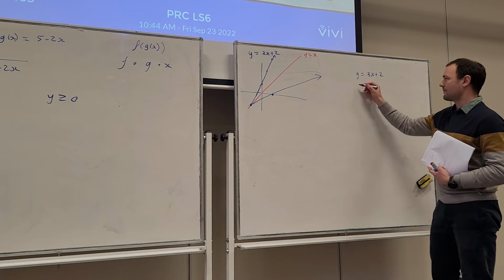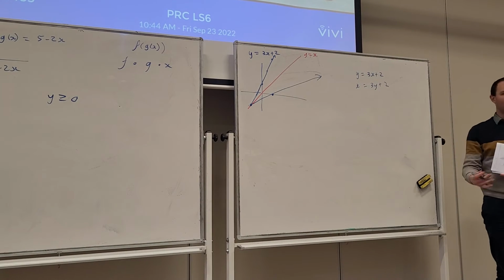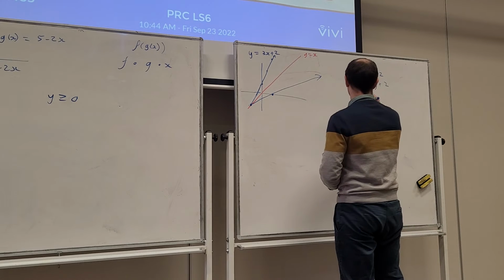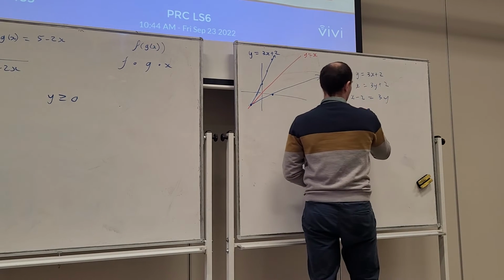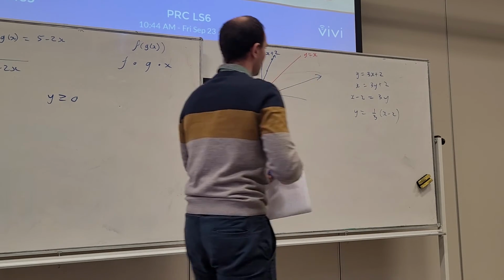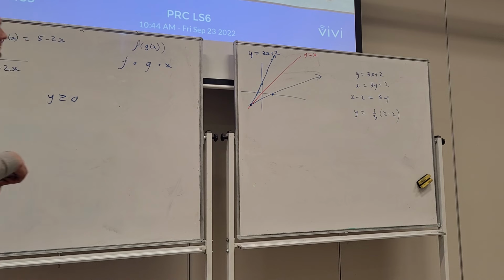We have x equals 3y plus 2, and we're solving for y, expressed as a function of x. So we'll have x take 2 equals 3y, and y equals a third of x take 2. That's the inverse function.